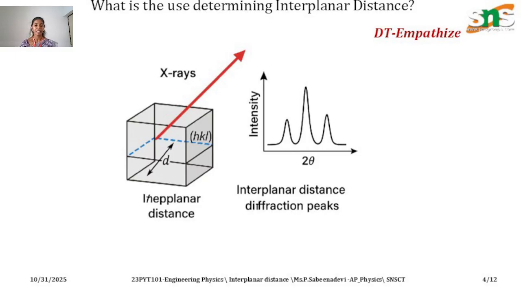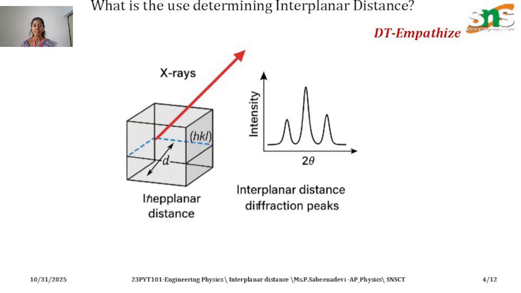Determining interplanar spacing is important because it reveals how atoms are arranged inside the crystal. Its main uses are these. It is used to identify the material, since each material has unique d-spacings.